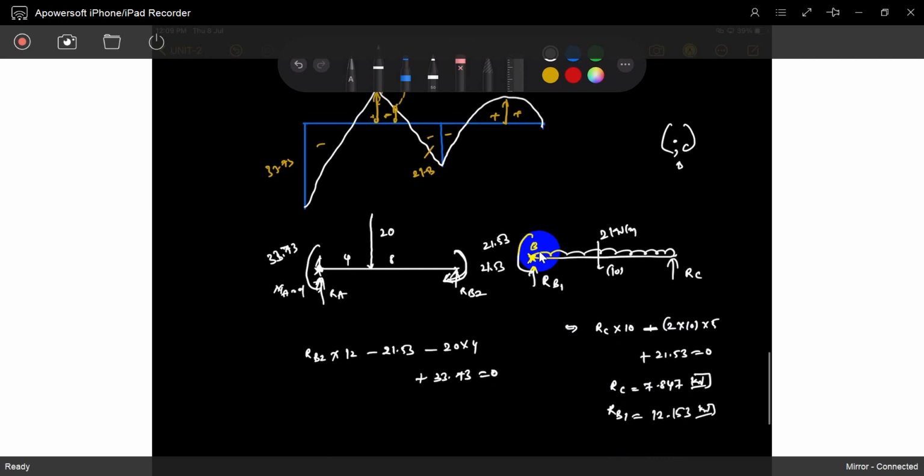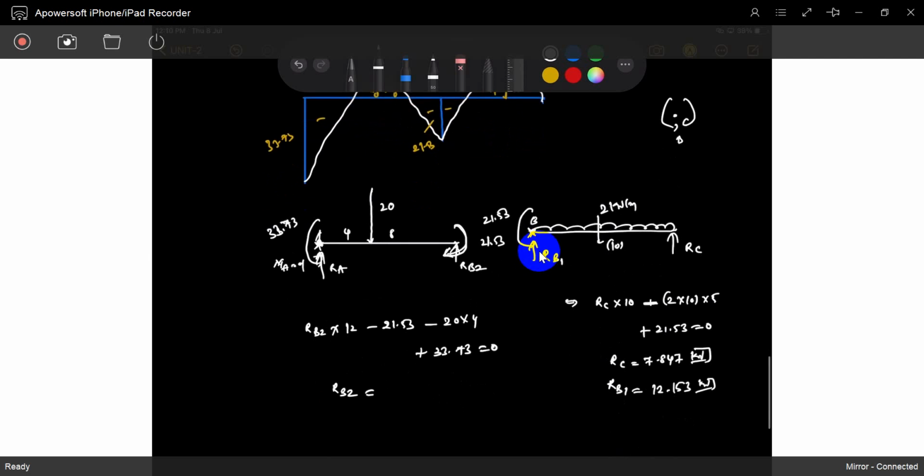So what is RB2? 80 plus 21.53 minus 33.73, divided by 12, is 5.65 kilonewtons.